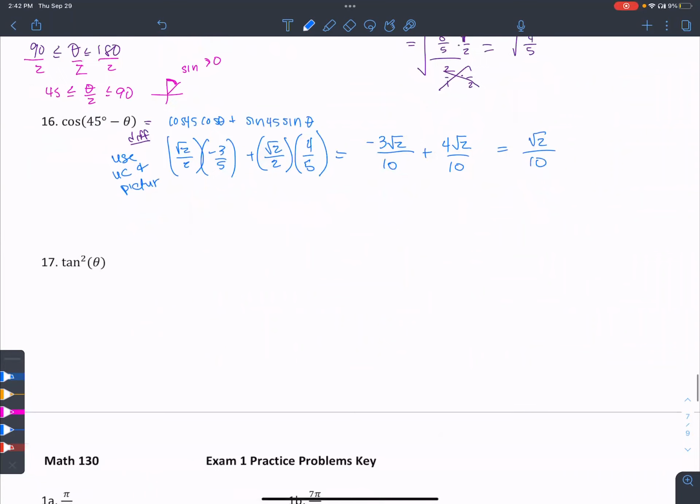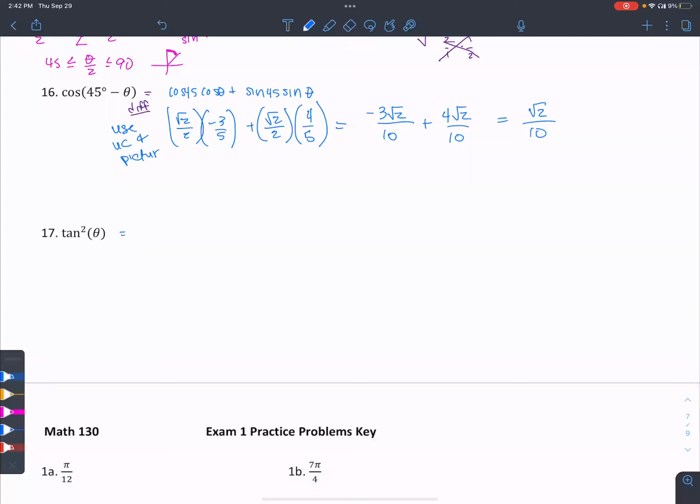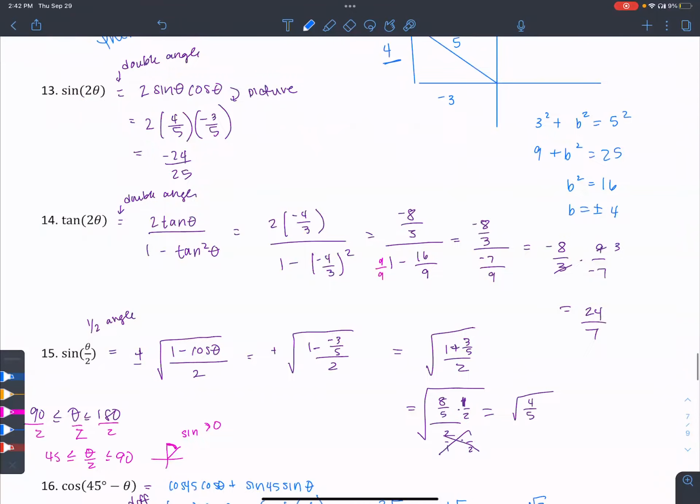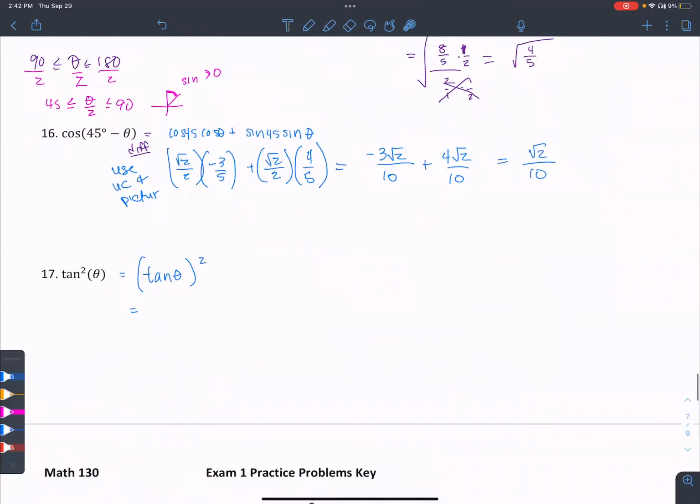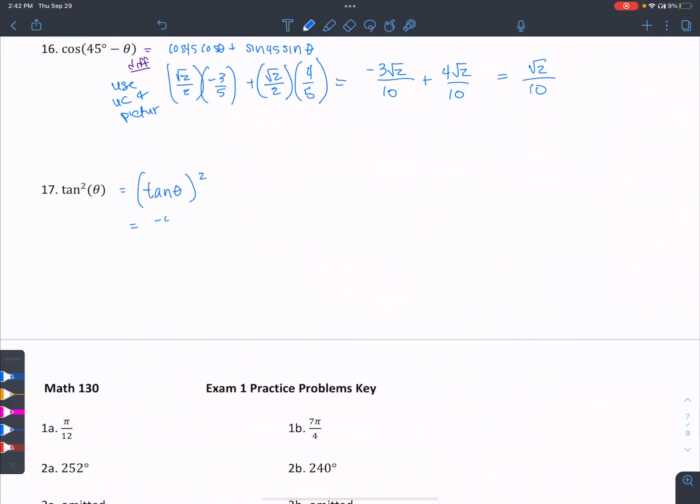All right. Tangent squared theta is just going to be the tangent of theta squared. The tangent of theta is opposite over adjacent, so we have -4/3 squared. That is 16/9.